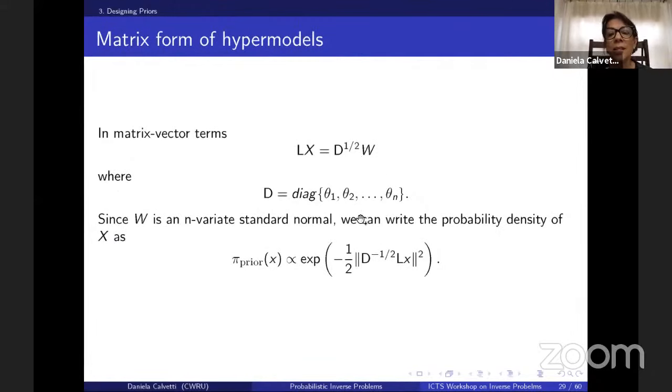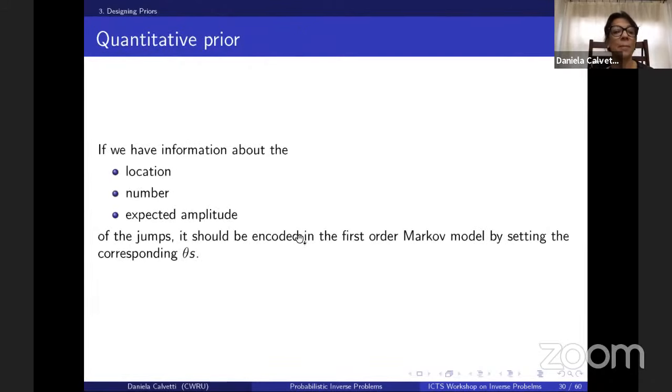What we have here is that the density of X is inherited from that of W. I take W here. W is going to be equal to D to the negative 1/2 times Lx, and W follows a standard normal distribution. And that's what I'm writing down here.